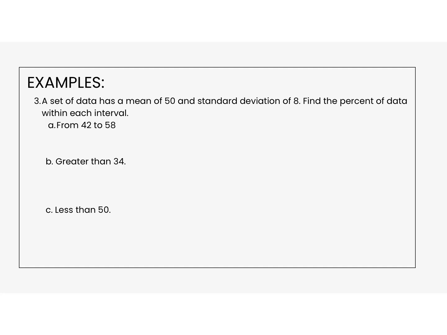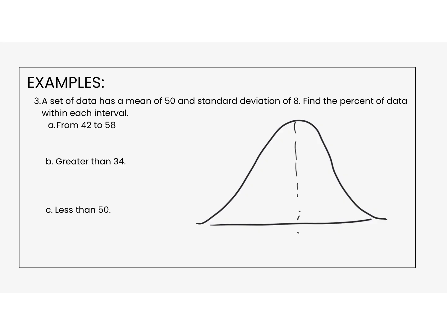So number 3 says a set of data has a mean of 50 and a standard deviation of 8. Find the percent of data within each interval. So we're going to start by just drawing our curve. Again, you have this on your paper, so yours is going to be better than mine. Mean of 50, standard deviation of 8. So 58, 66, 74, and then the other way, 42, 34, 26.